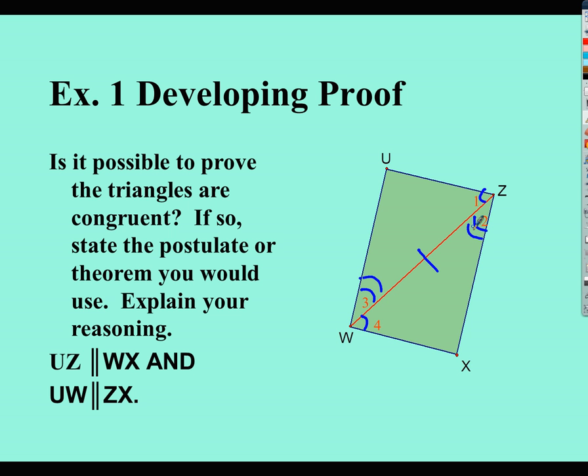And that's an easy one, right? We don't have to be careful about that one at all. If 2 angles and the included side of one triangle are congruent to 2 angles and the included side of another triangle, then they're definitely congruent by ASA, right? You got it. Okay.